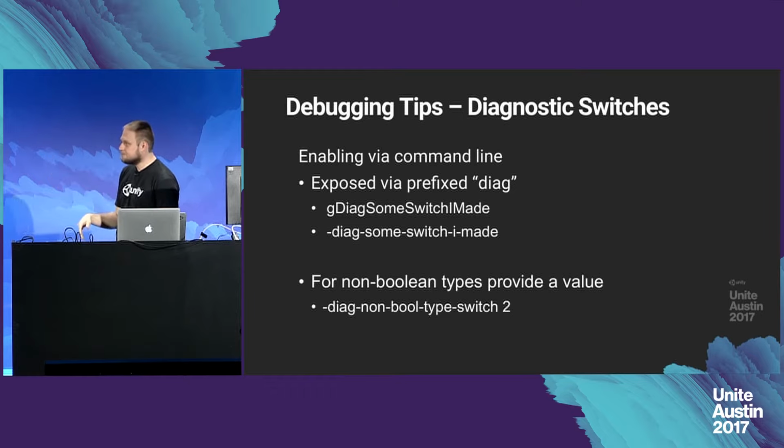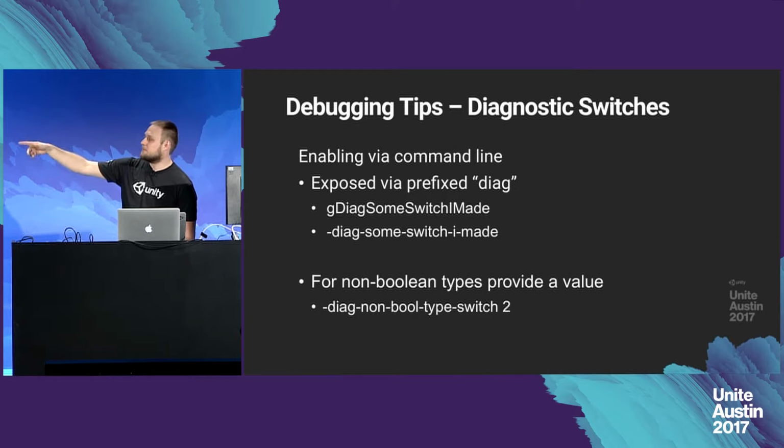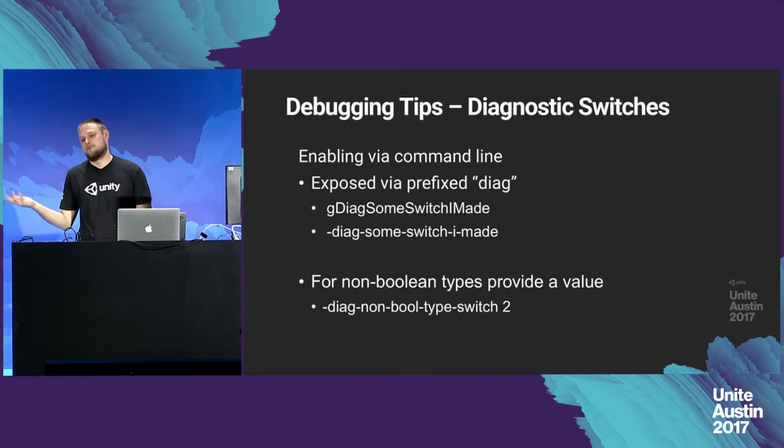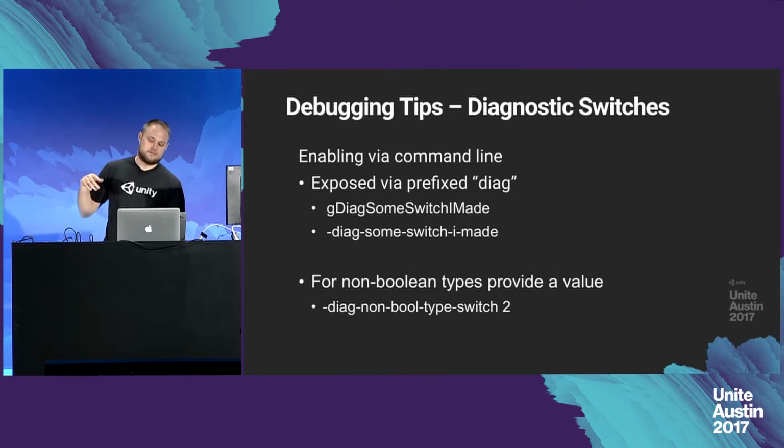So you can turn them on that way. For non-Boolean types, say like uint32s, you'll need to pass in the value. For bools, you can just use the flag. If the flag's on, then it's true. If it's not, it's false. For other types, you have to pass in the value that you want on the command line.